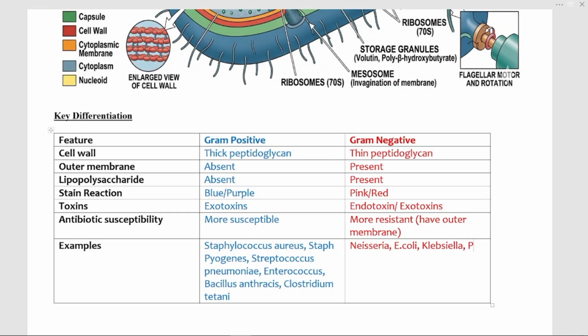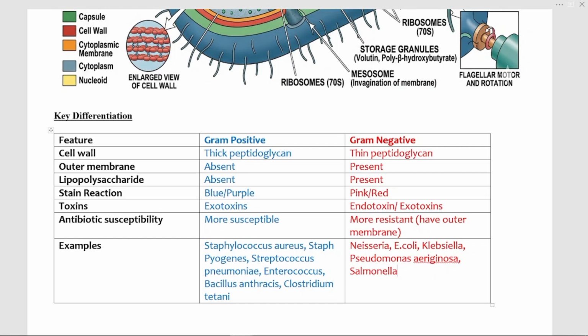We also have the Pseudomonas, like Pseudomonas aeruginosa, a very common bacteria. Others are Salmonella typhi, the one that causes typhoid, and others.